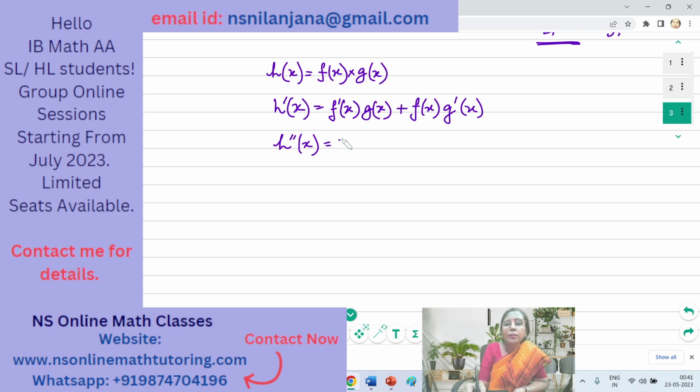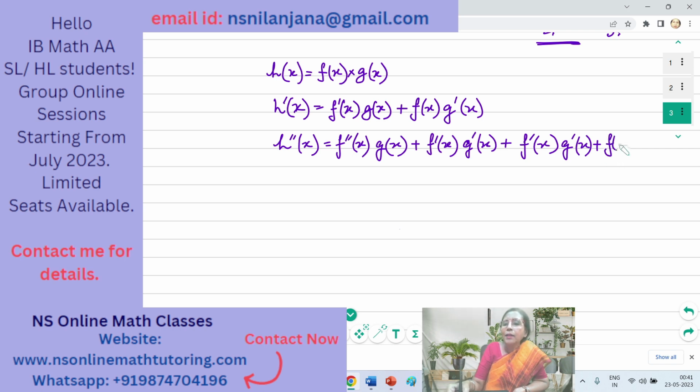So taking the first term, it will be f double dash x times g of x plus f dash x g dash x, plus, now the second term, f dash x g dash x plus f of x g double dash x. Okay.